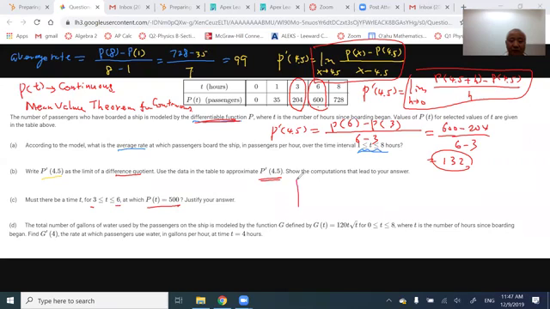So the mean value theorem for continuous functions says that if this function is continuous, just like this graph, I just illustrate this one first, okay? If T equals 3, how many passengers? There is 204, right? And if T equals 6, the passenger number will be 600.